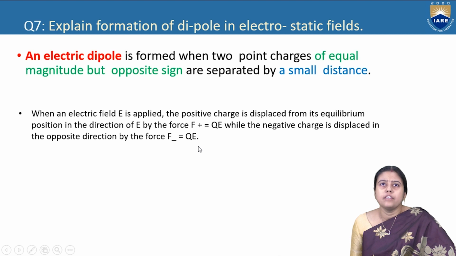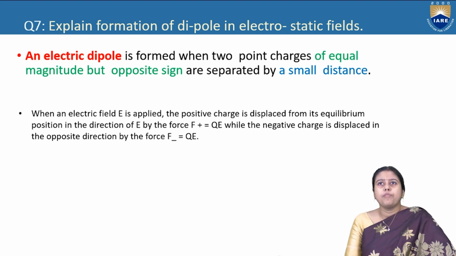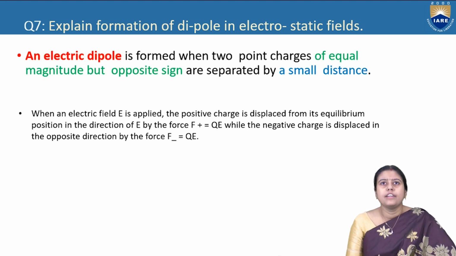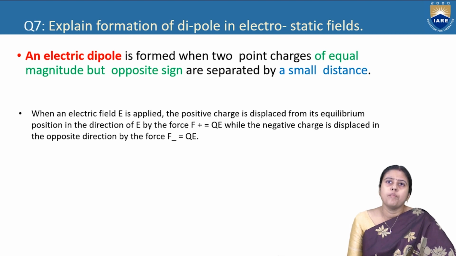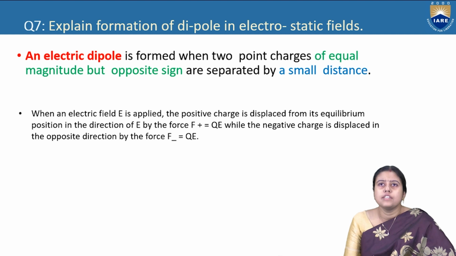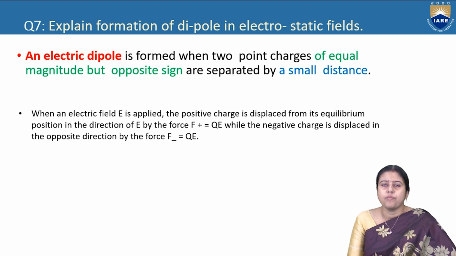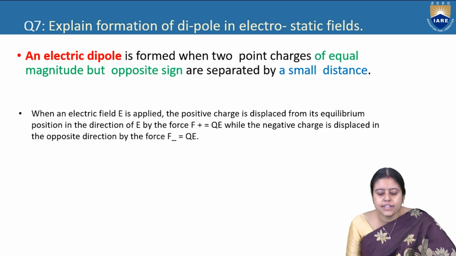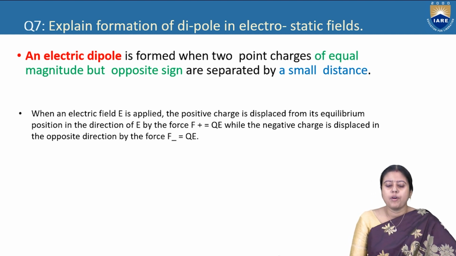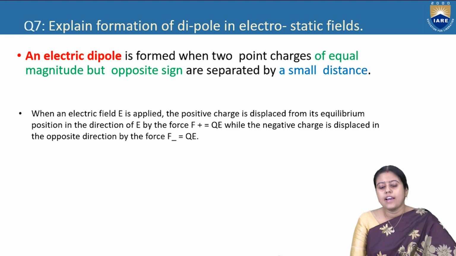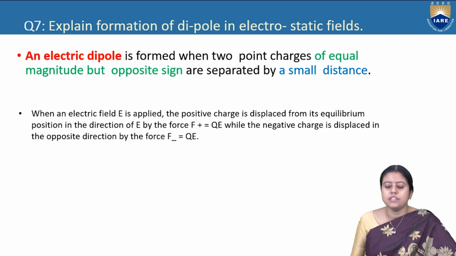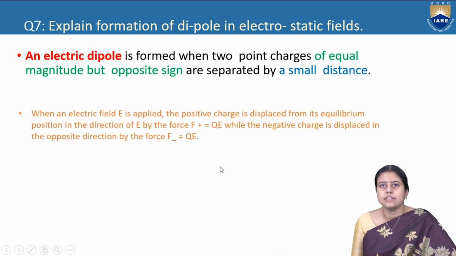Explain the formation of a dipole in an electrostatic field. An electric dipole is formed when two point charges of equal magnitude but opposite signs are separated by a small distance. When an electric field E is applied, the positive charge is displaced from its equilibrium position in the direction of E by a force QE, while the negative charge is displaced in the opposite direction by the force F is equal to minus QE.